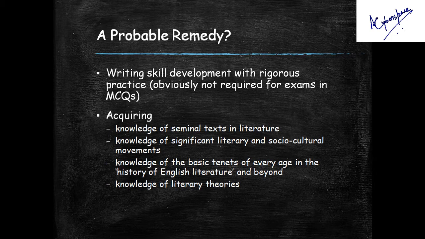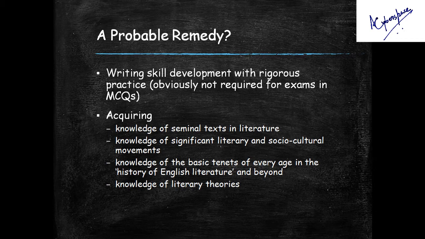You have to acquire knowledge of seminal texts in literature, the texts which are canonical in nature, and also knowledge of significant literary and socio-cultural movements. Also, you have to have knowledge of the basic tenets of every age in the history of English literature and beyond. Literature in English and English literature, both these segments are to be taken care of.